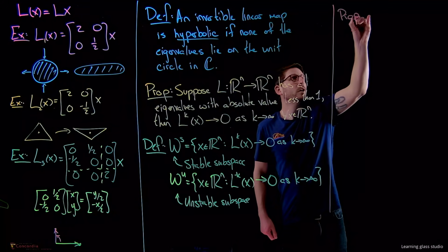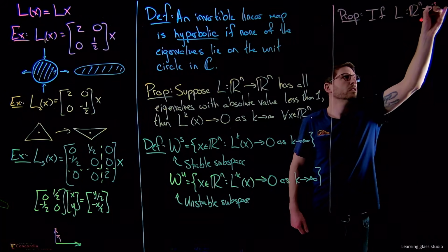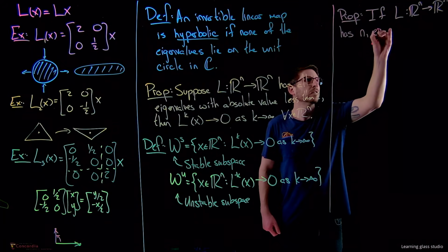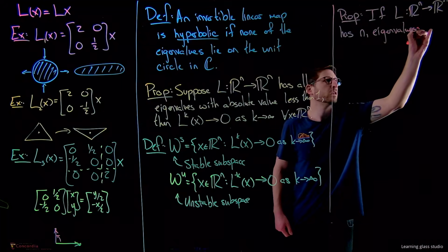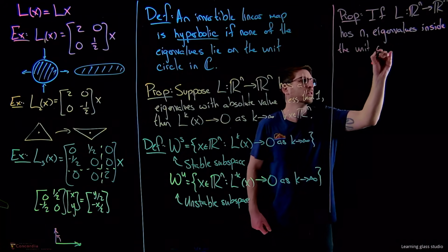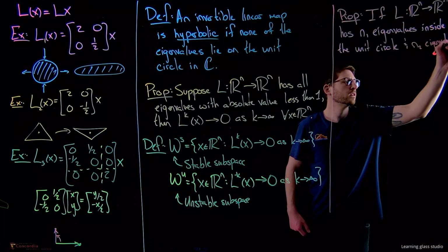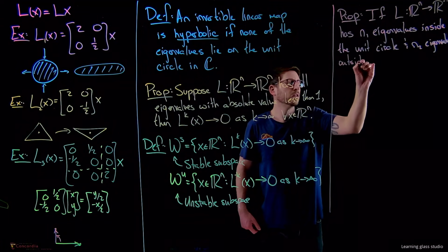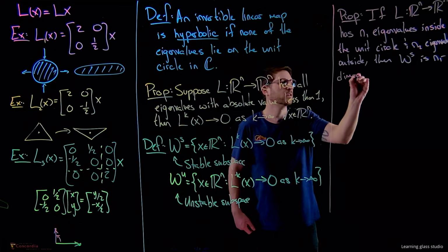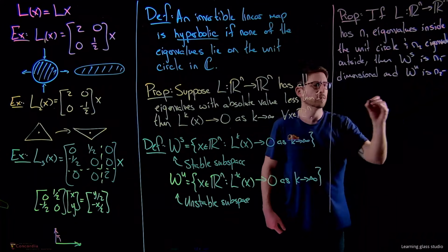A proposition that will say if L has, let's say, n1 eigenvalues inside the unit circle, and n2 eigenvalues outside, then the stable space is n1 dimensional, and the unstable space is n2 dimensional.